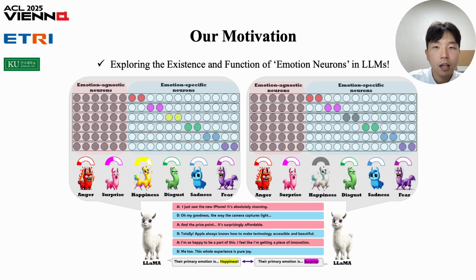On the right, we artificially mask these happiness neurons. Our hypothesis is that the model, unable to use its primary circuit, falls back on a secondary signal, like surprise, causing its prediction to shift. This design allows us to prove the causal role of these emotion neurons.